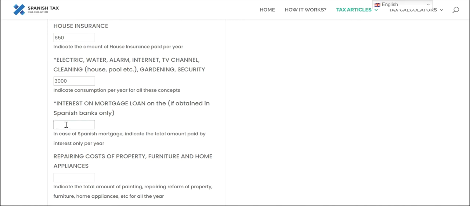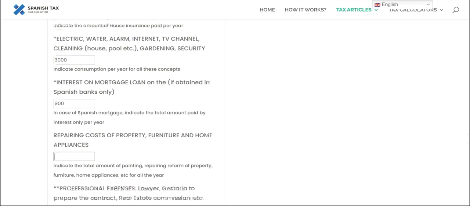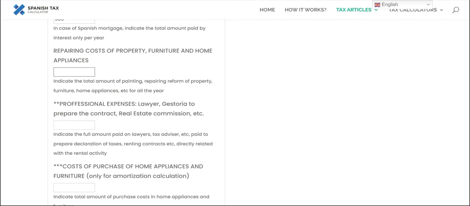So imagine that you have paid 900 euros for a mortgage coming from a Spanish bank for the property. You have spent 600 euros because there was a repair of the air conditioning or some furniture or home appliances in the property.